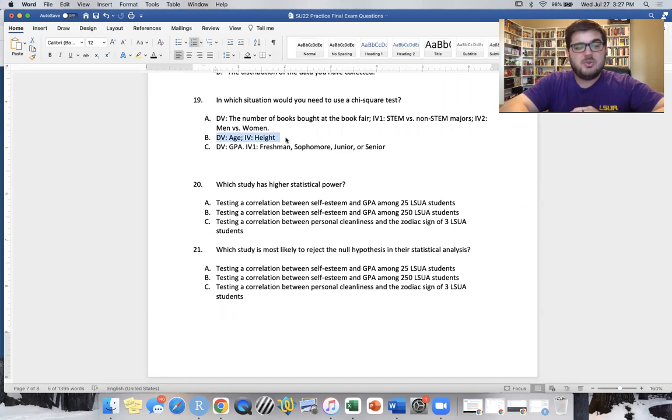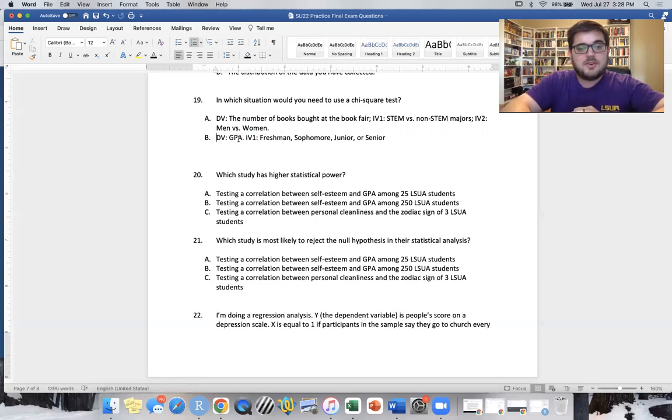I guess people do on average get slightly shorter as they get older, going from adulthood to elderly period, but also going from being a child to being an adult, you increase in height. So there'd be a curvilinear relationship. But that's beside the point. You would not use a chi-square test of independence on that.